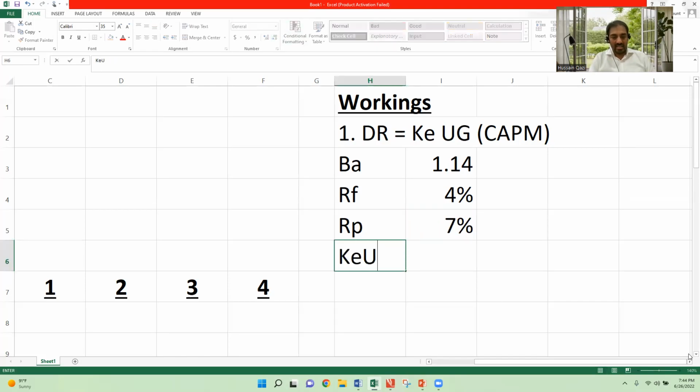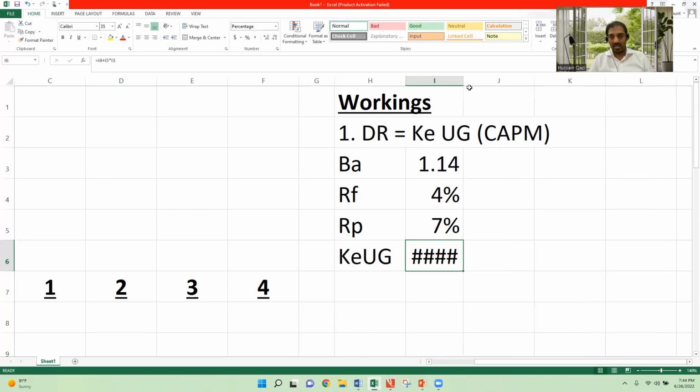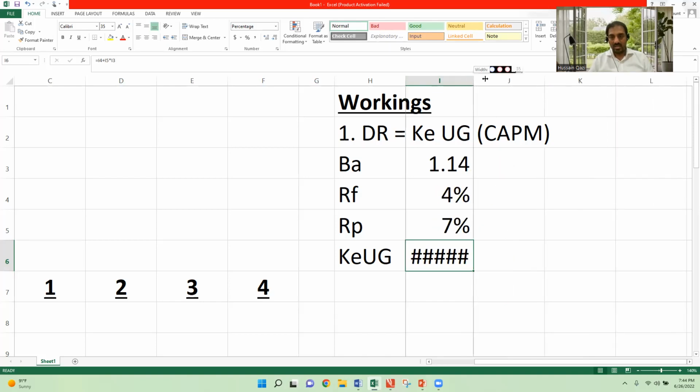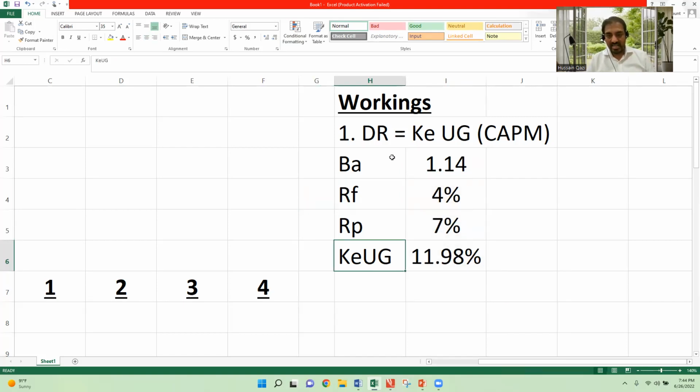So KE ungeared is equal to 4% plus 7% multiplied by 1.14, and that is 11.98%. 11.98%, that is KE ungeared.